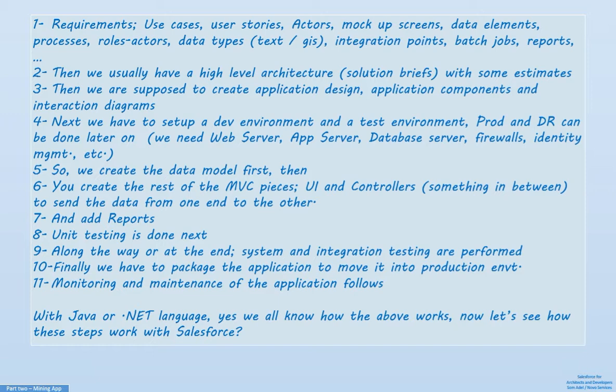Next, we have to set up the dev environment and the test environment, and later on prod and DR or disaster recovery environments have to be set up. And in most three-tier applications, what we need is the web server, app server, the database server, plus firewalls, identity management, infrastructure, and so on.